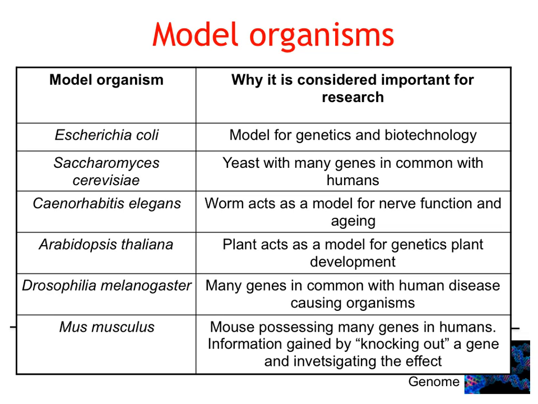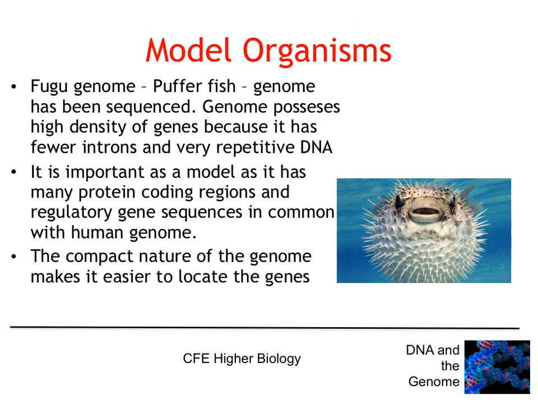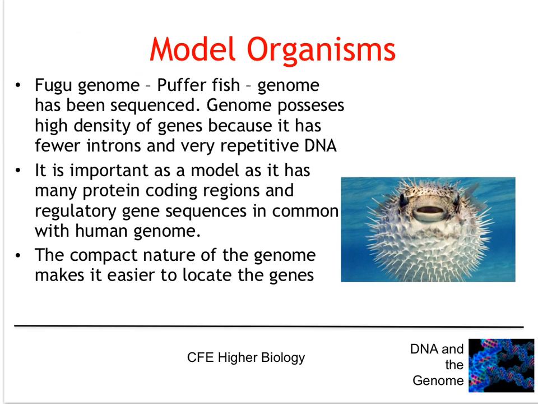But these are model organisms that are used because they've got some genes that are similar to humans. And just to talk about one in particular, this cheery chap over here, this pufferfish. The genome of a pufferfish has been sequenced. Now, the genome has a low density of introns and it's got very repetitive DNA.